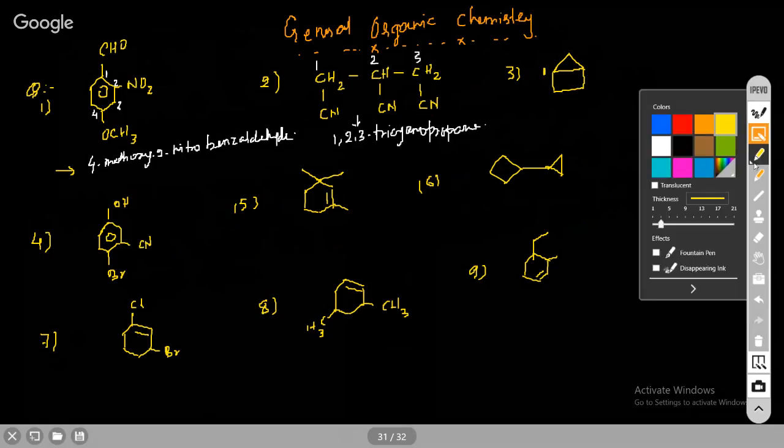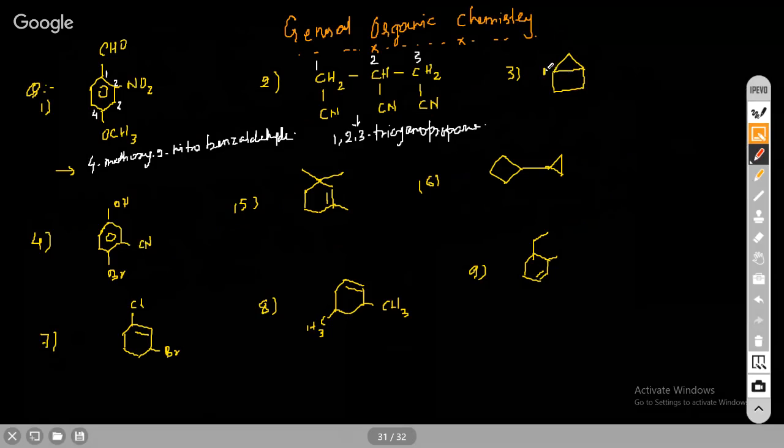Then we go towards the larger ring. Okay, numbering will start from this bridge carbon, so we can go either to this smaller ring or this larger ring. So the rule is, we will start numbering from this carbon atom and go towards the larger ring: 2, 3, 4 and 5. Okay, this is the numbering we have.